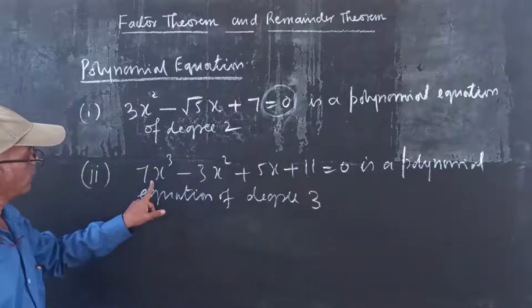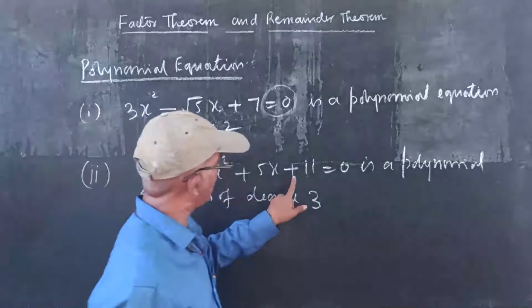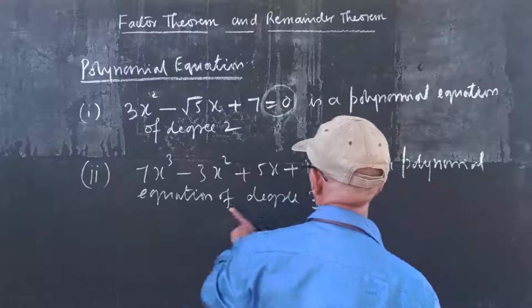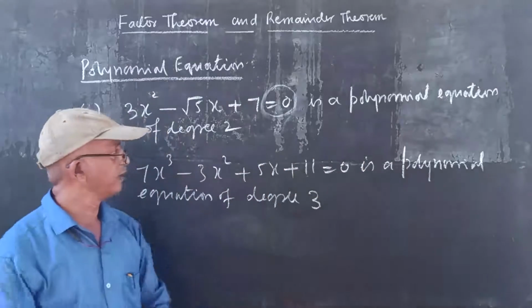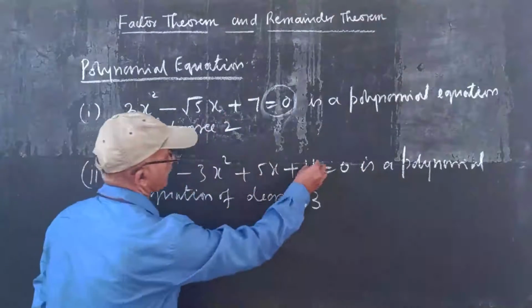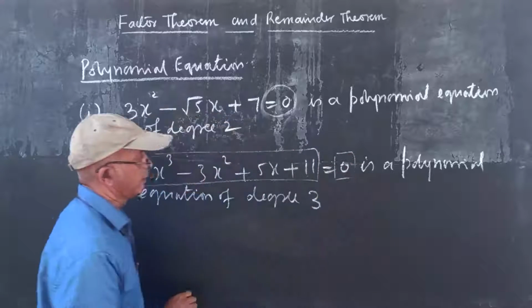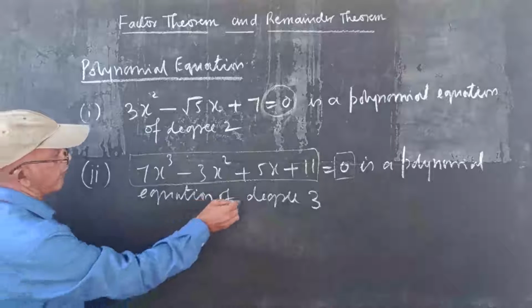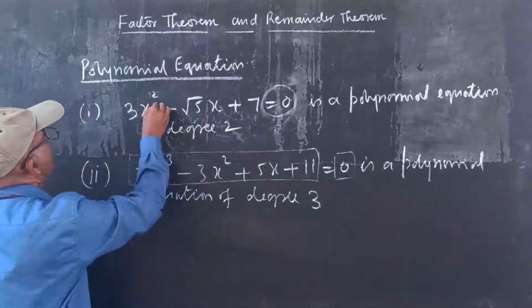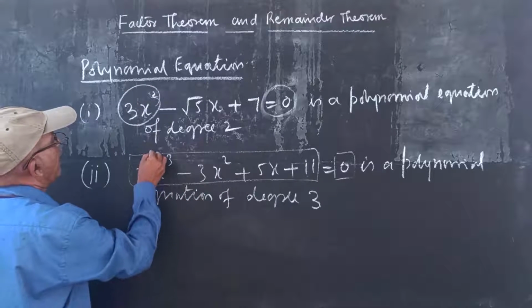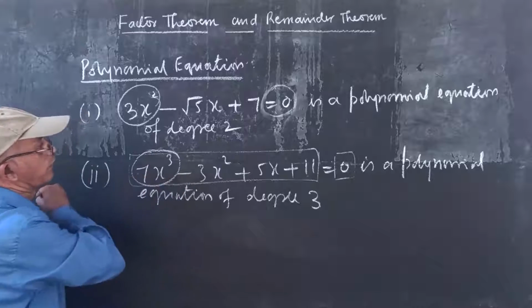Here also 7x cube minus 3x square plus 5x plus 11 is equal to 0 is a polynomial equation of degree 3. This is the left hand side and this is the right hand side. The leading term here is 3x square. Here the leading term is 7x cube.